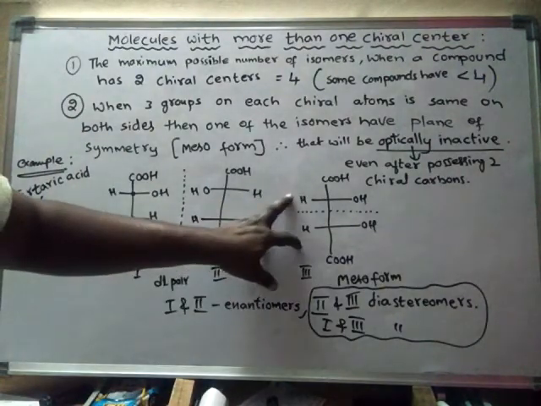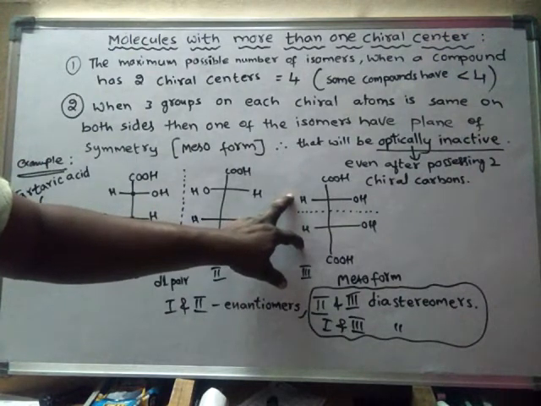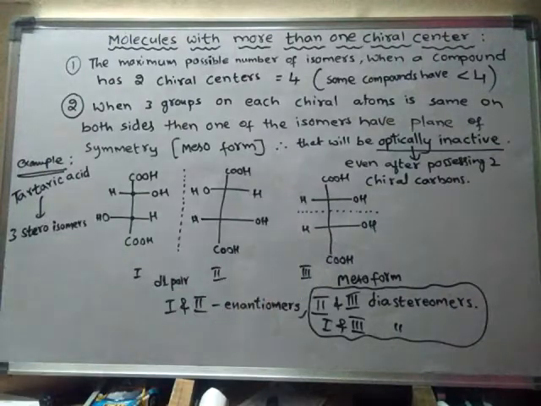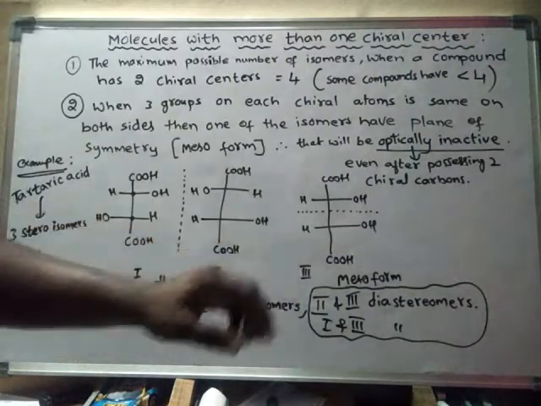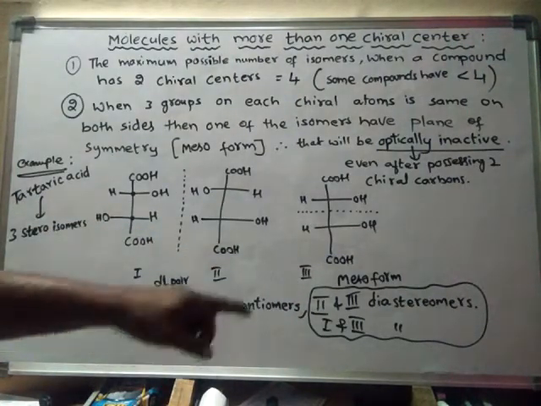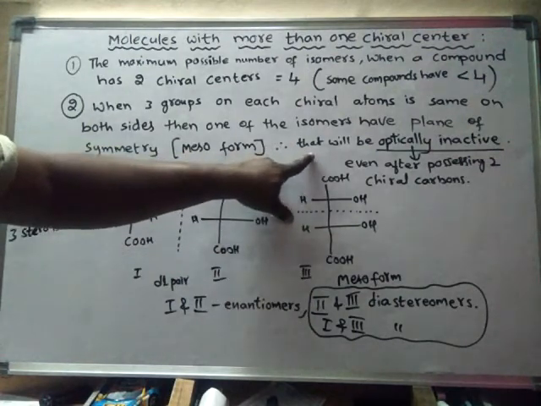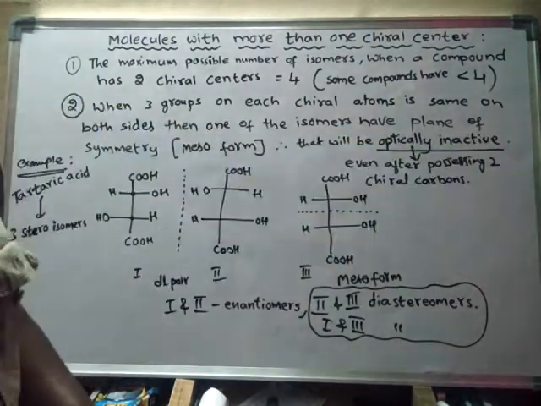Therefore the rotations of both sides are compensated. Such compensation is said to be internal compensation. So in the meso form, internal compensation is present, and due to that, the meso form will be optically inactive.